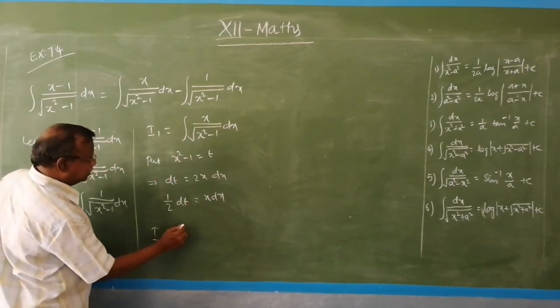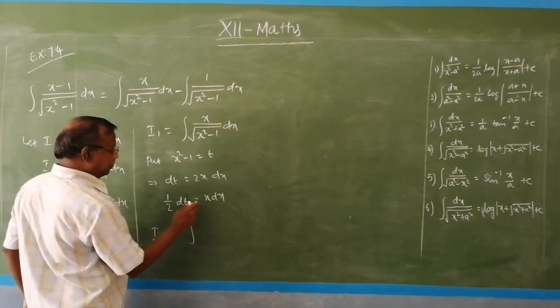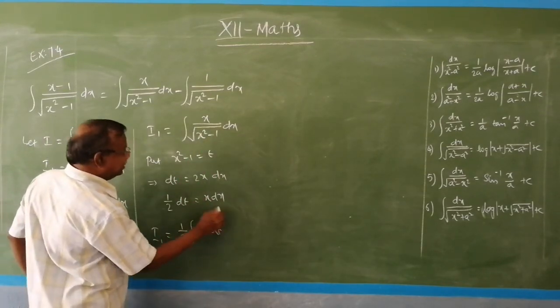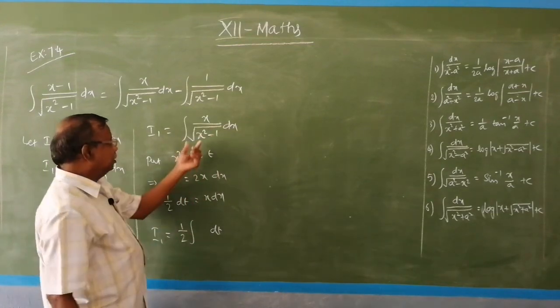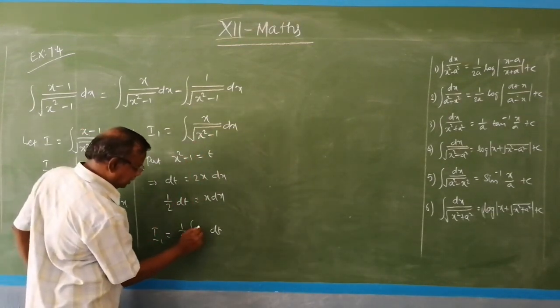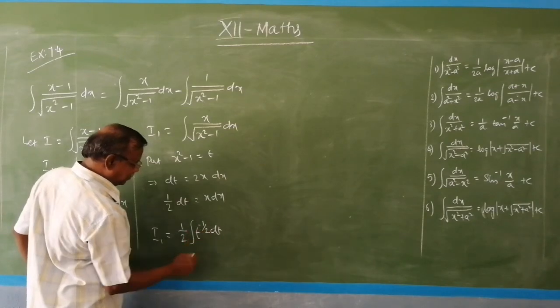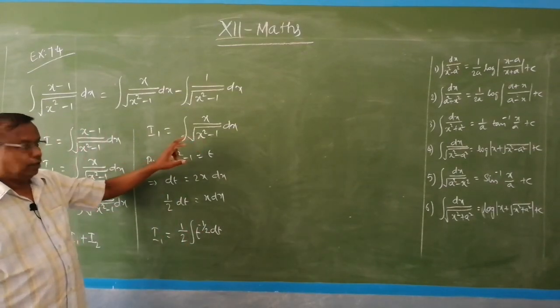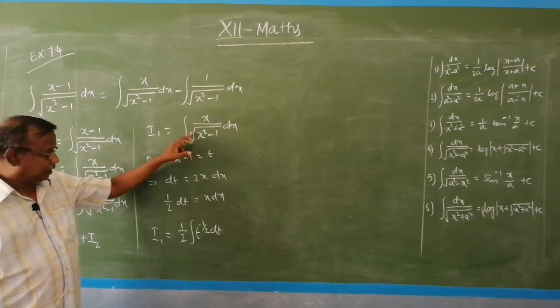I1 equals integral, for the x dx we have to put 1 by 2 into dt, and the denominator is t power 1 by 2. In the numerator it can be written as t power minus 1 by 2. So x square minus 1 is t, root of x square minus 1 equals root t.